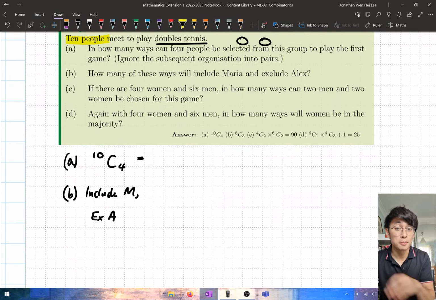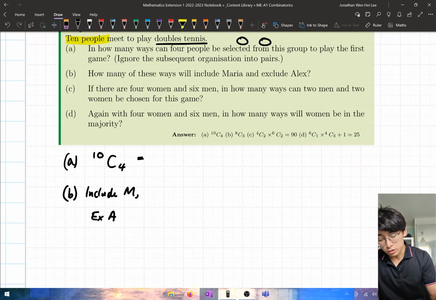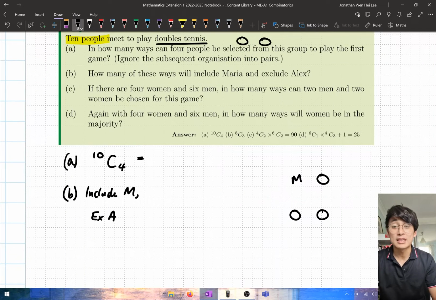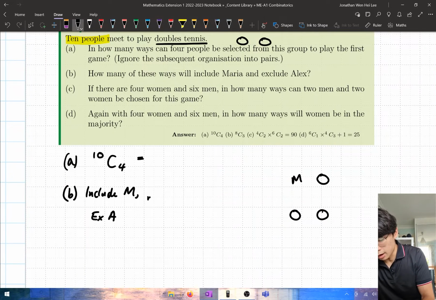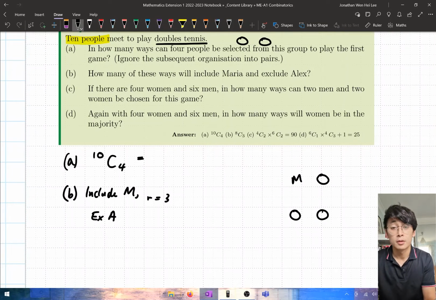What happens to the number of people that we choose from and the number of spots? Let me just draw it over here. If I had 4 spots, and I include Maria in one of them, that means there are 3 spots remaining. So here, r becomes equal to 3. We only have 3 spots remaining and available.